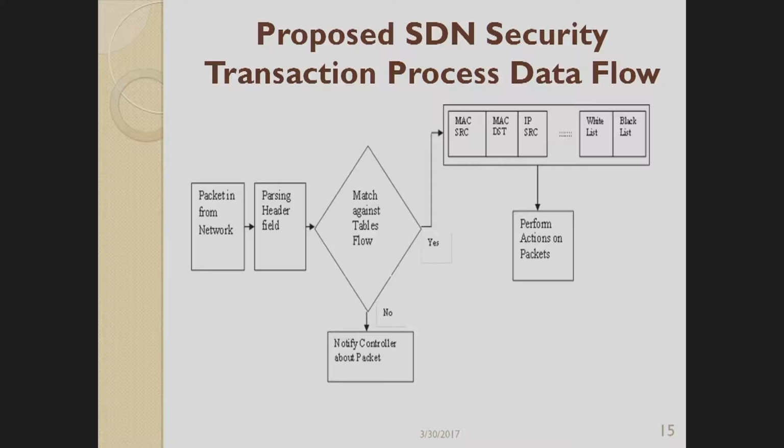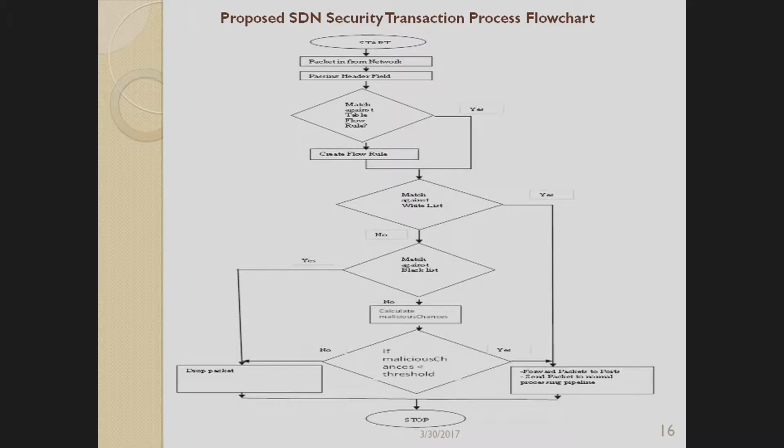And that's what we've been able to achieve, and we discovered that your security keeps improving because you keep on learning, and you are sure that your flow tables are up to date. This is the process flow chart.